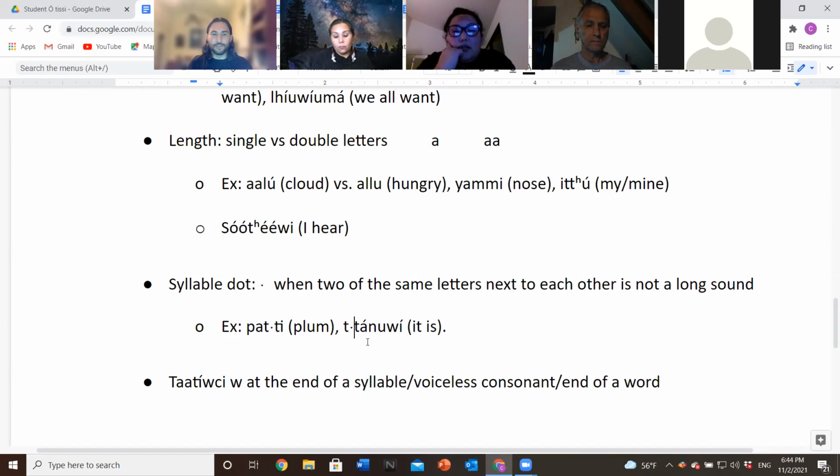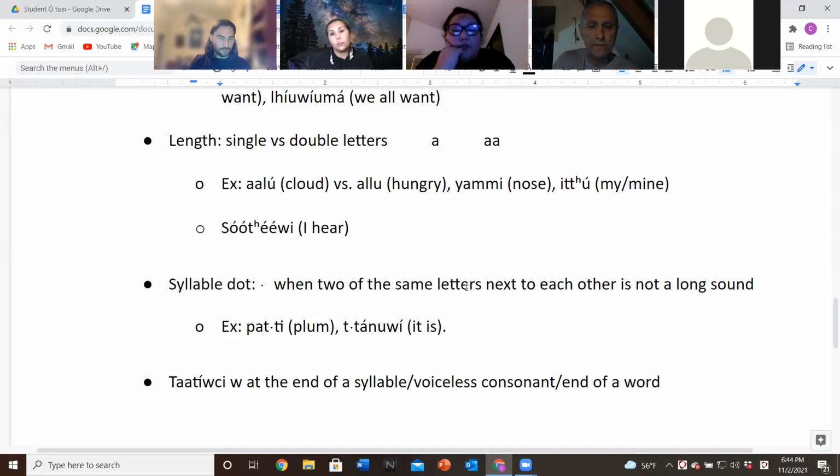It used to be reversed, so before, this would just look like this and you would say Tadanawi. But we switched it around because the words are easier to read when they're written like this, especially when you have a bunch of them.